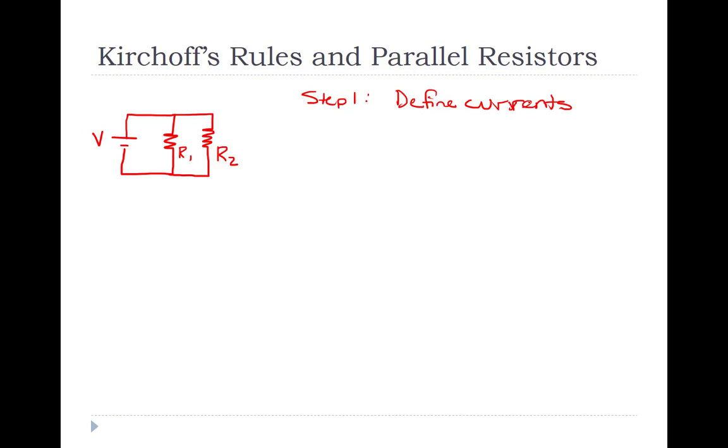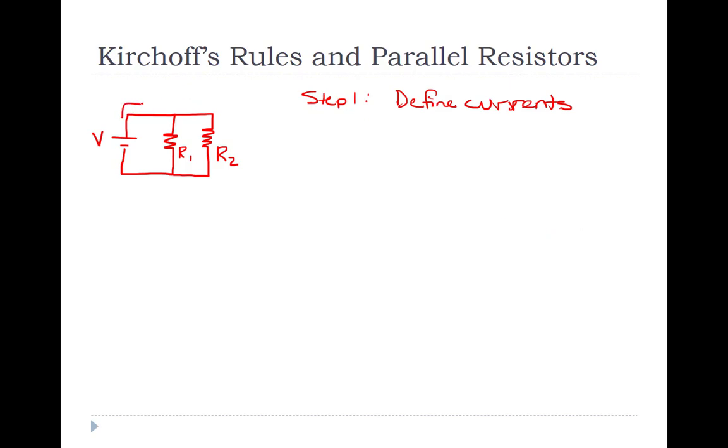It doesn't matter if you choose correctly or not, because assuming that you are self-consistent and can manage the algebra that comes with it, if you've chosen incorrectly, you'll come up with a negative sign. And you just say, oh, look, I chose incorrectly. It goes the other way. And it works out in the end.